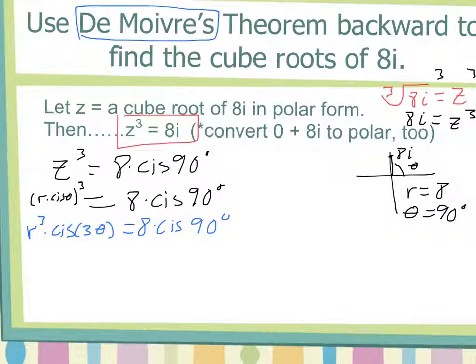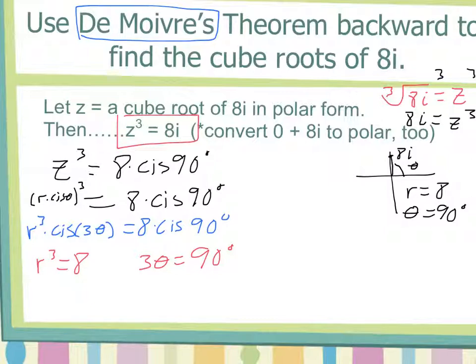Because now I'm all set up to find r. Notice how those two parts kind of correspond. Okay. For 8i, r to the third is 8, and then 3 theta is 90. I'm after r and theta.